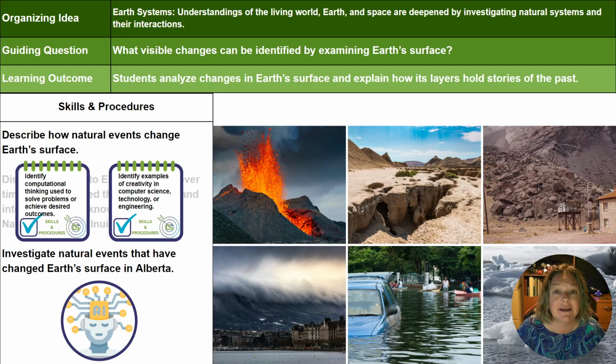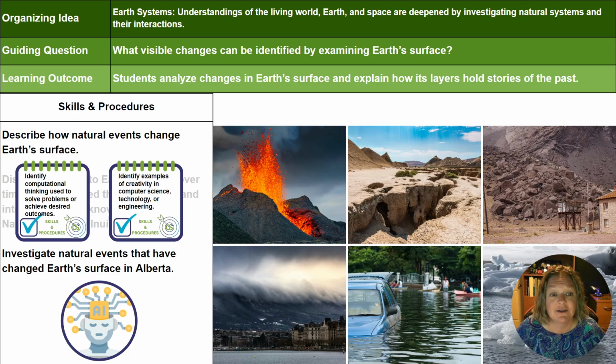So as we jump into the Earth Systems curriculum, we can see here with these skills and procedures where students are being asked to describe some natural events changing Earth's surface and do some investigation of natural events that have changed Earth's surface in Alberta specifically.